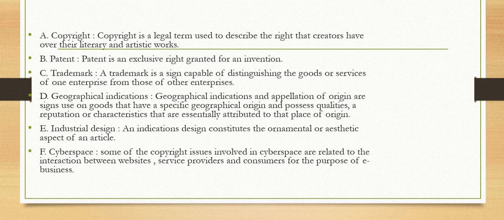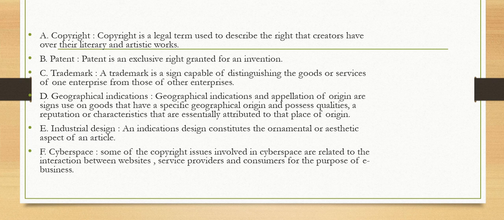So it's a sign distinguishing the goods or services of one enterprise from the other. So you can distinguish a Google product, or an Apple product or a Samsung product from other products. It distinguishes how the product quality, design, everything will be. It's a trademark which distinguishes one product from the other.